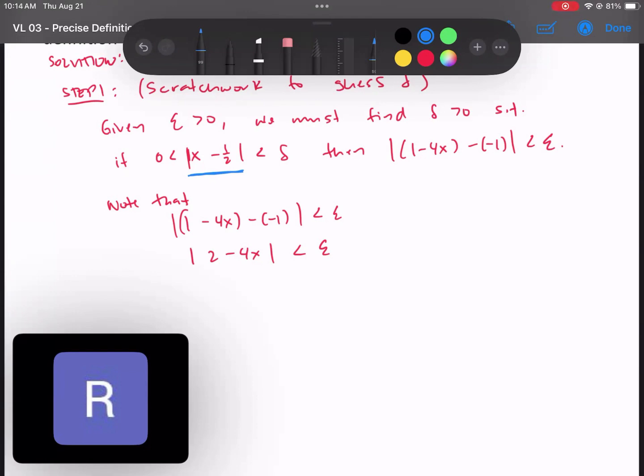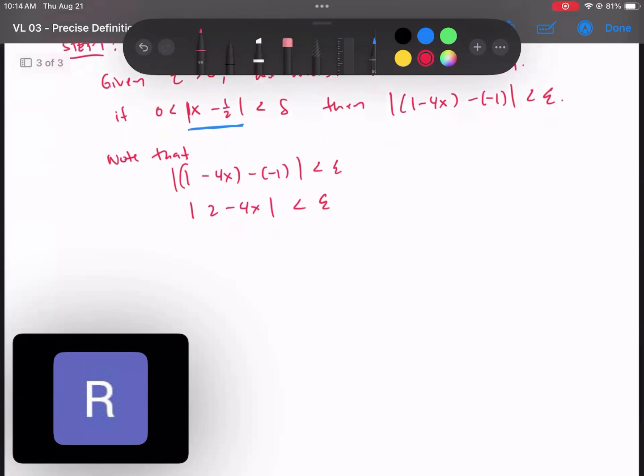So therefore, we can now rewrite this. We can factor out 4 to be able to do that, or factor out a negative. First, maybe let's factor out a -4. Inside, we have -4, and then what we'll have is x minus 1/2 instead, then less than epsilon. Okay.